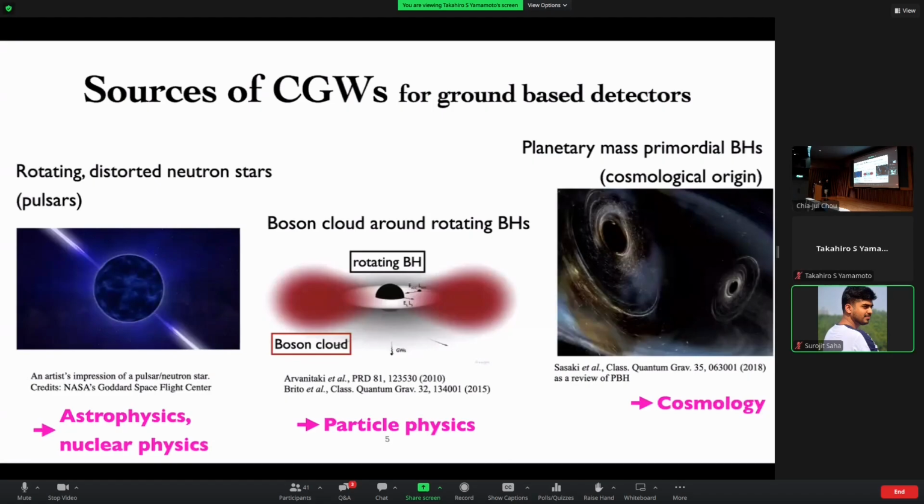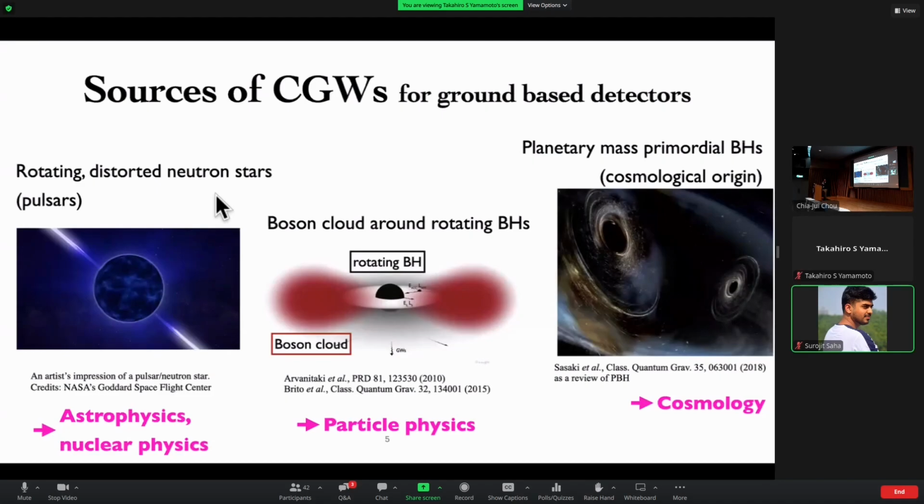In my opinion, the pulsars should be the easiest primary source, because we have a few thousand pulsars already detected by radio astronomy.